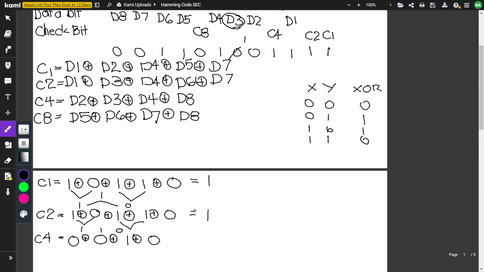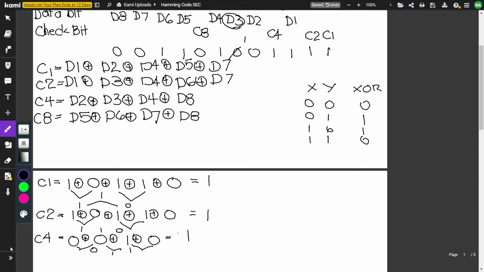Again, let's evaluate by pairs first. The good thing is these are already pairs. So 0 XOR 0 is 0, then 1 XOR 0 is 1, and then 0 XOR 1 is 1, so the value is 1.